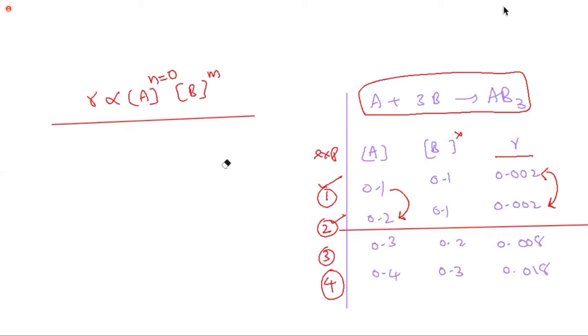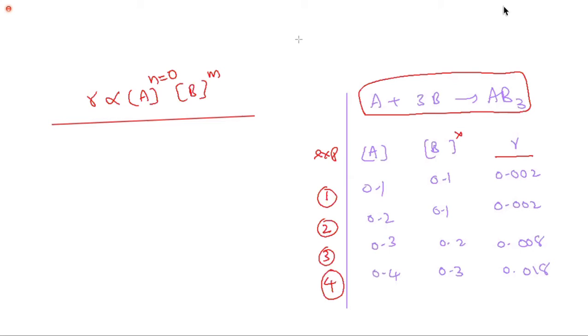With respect to B, in this special case, A is anyhow confirmed as 0 order, so you need not see about A. Come to the B part. For this, I will consider experiment 3 and experiment 2. See what is in experiment 2.